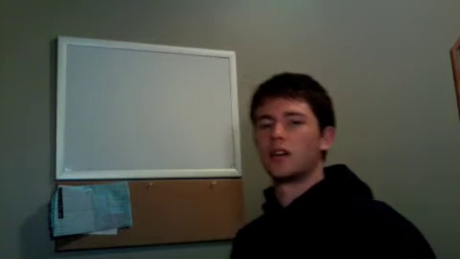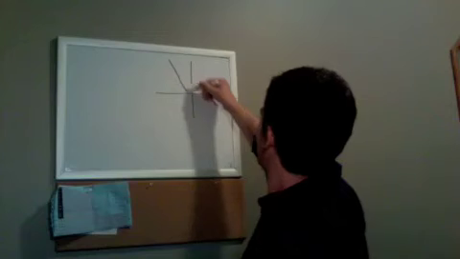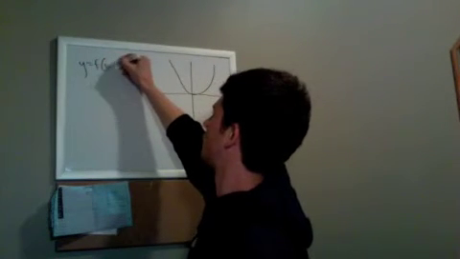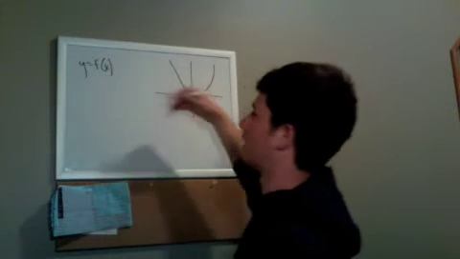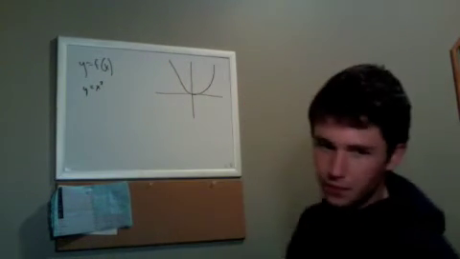Okay, now I'm going to talk about how graphs can shift, whether up, down, left, or right. So here we have the standard equation y equals f of x, and in this case y equals x squared.